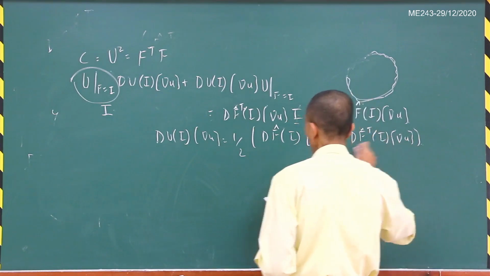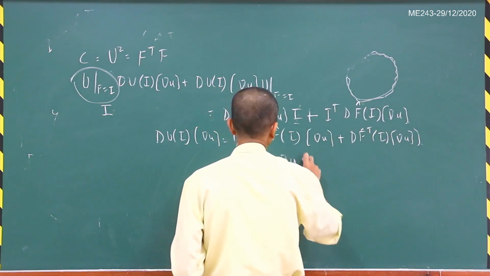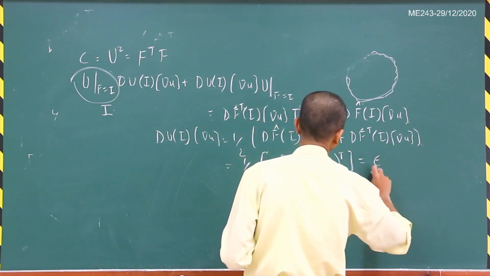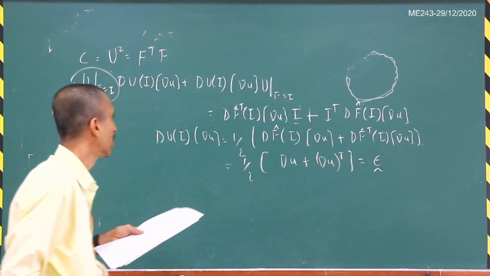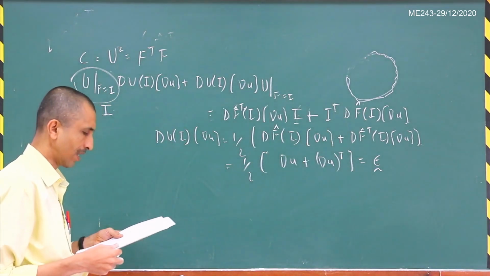And that is again equal to half of (∇u + ∇uᵀ), which is equal to epsilon again. So even for the stretch tensor we get the same result.